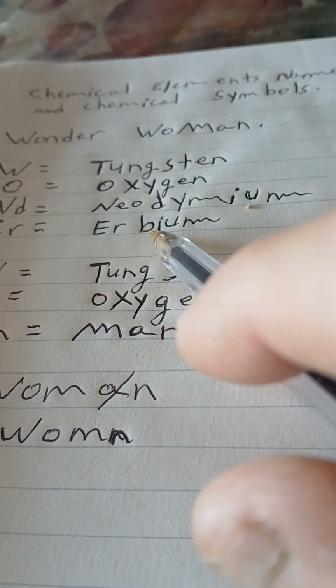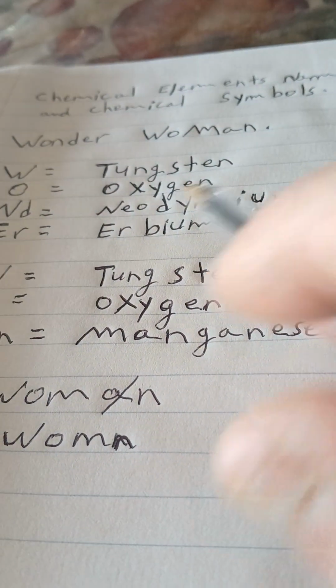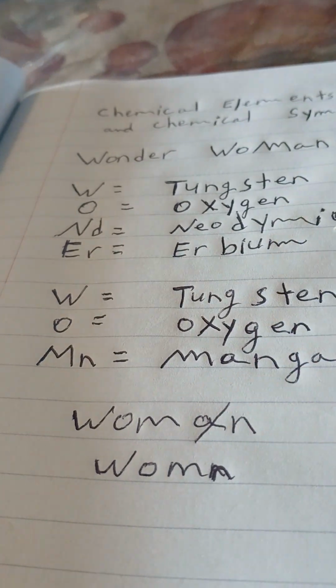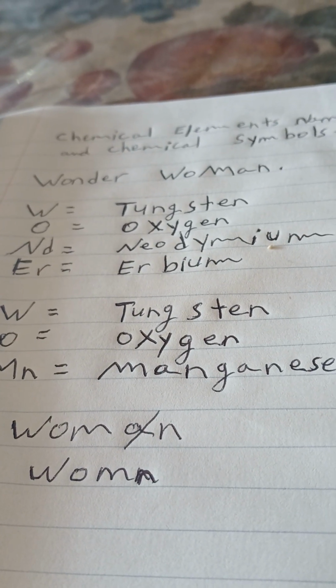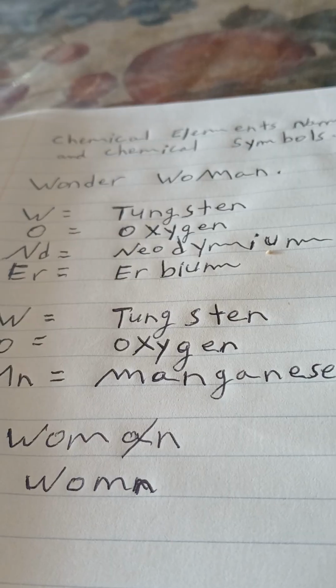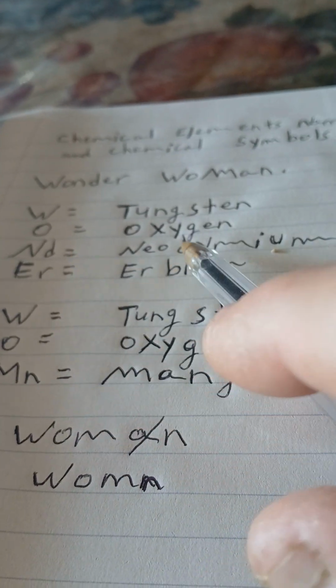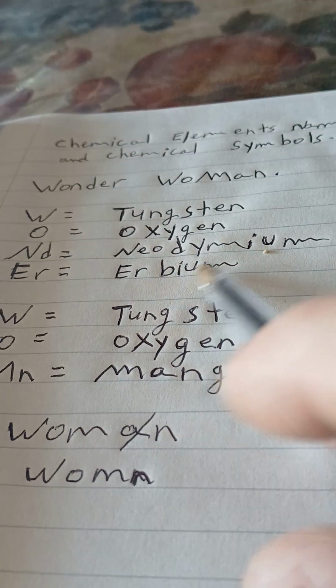Some people pronounce it differently, and it all depends on how you want to pronounce it. People pronounce these chemical names in different ways. Everybody thinks they're right, but you know. So capital N and small d is neodymium.